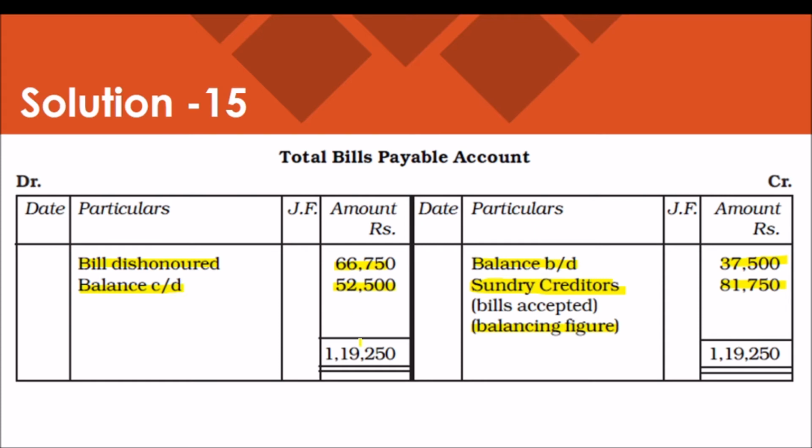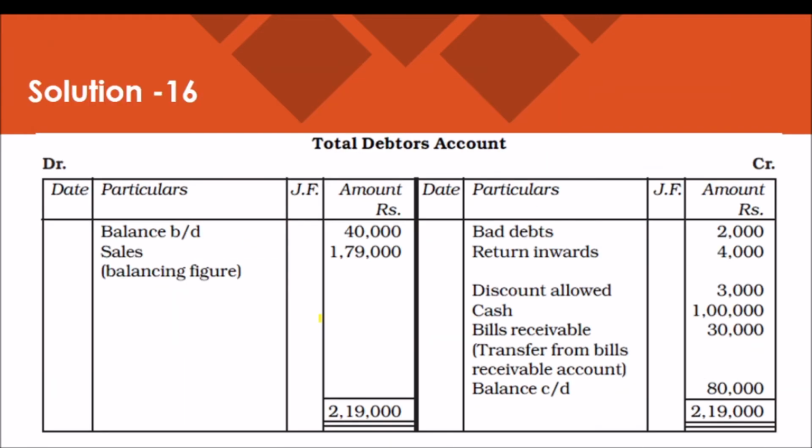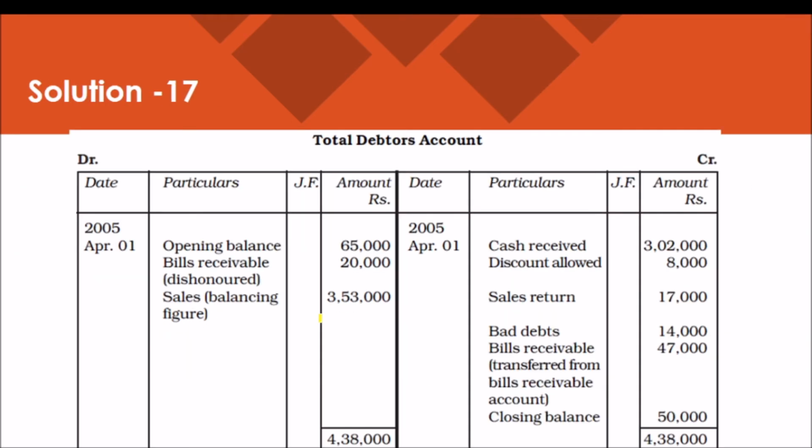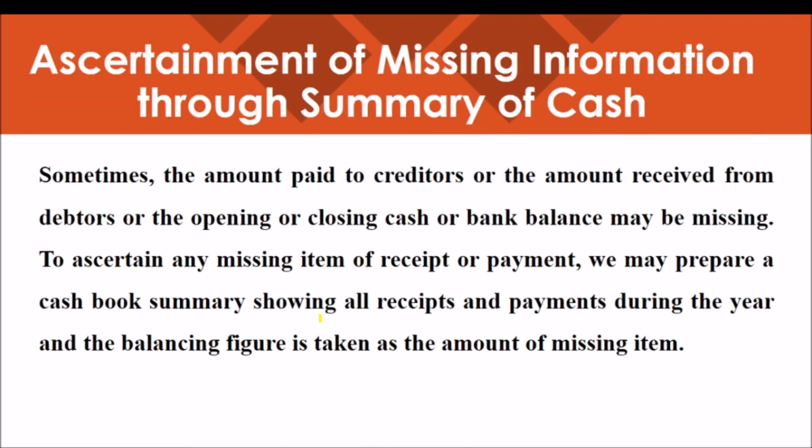So remember, these values are calculated using the total bills payable account and the total bills receivable account. It is used to find out some missing values. Remember the preparation of the total debtors account and the total creditors account.